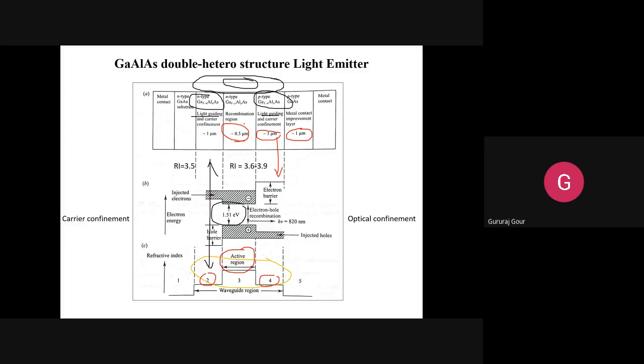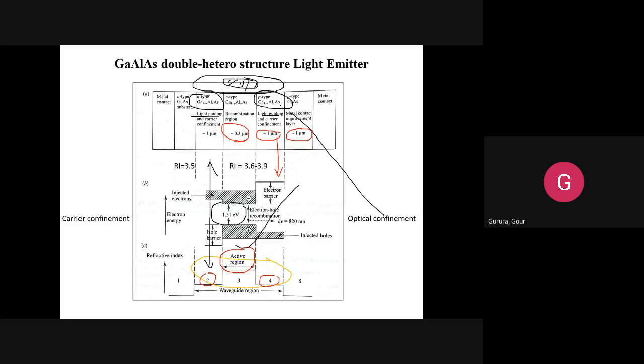So once the light is emitted through this 0.3 micrometer region, that is the active region, the active region is important, that is the focus of the discussion of any type of LED structure. That light should be coupled perfectly to the core of your optical fiber, that is what you are coupling to this mouth.